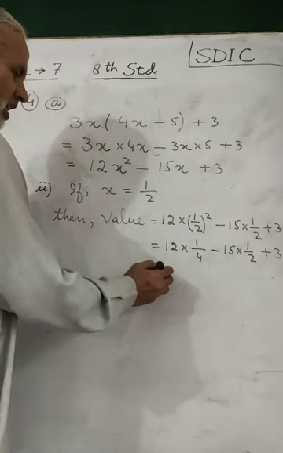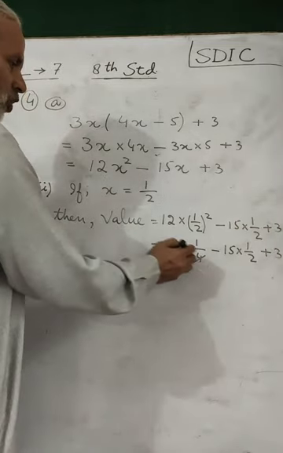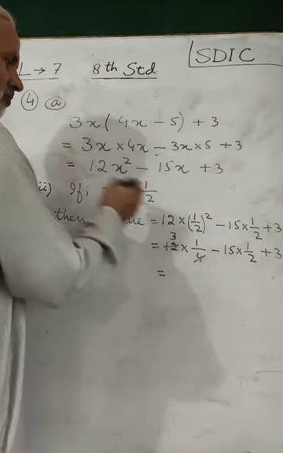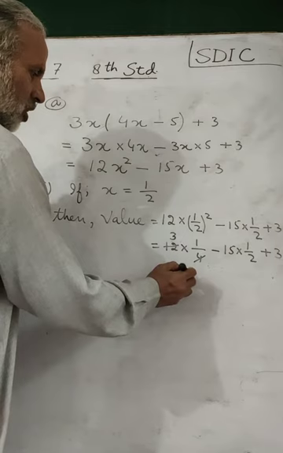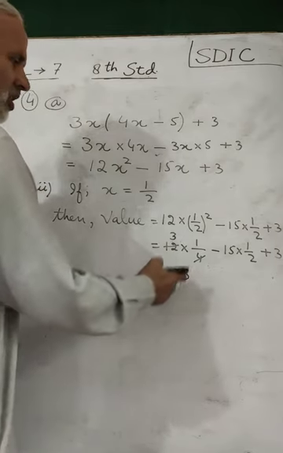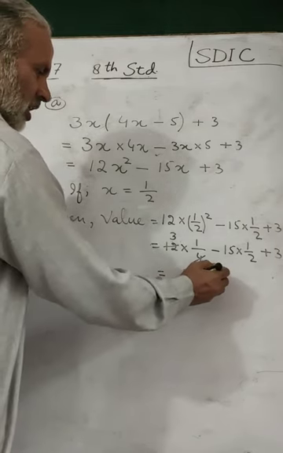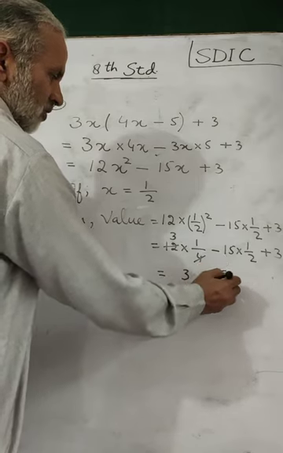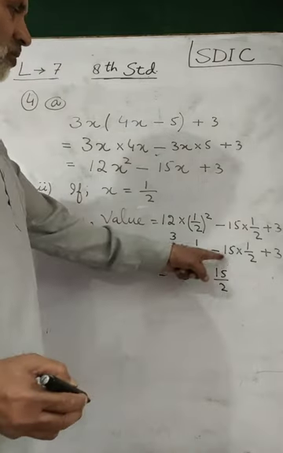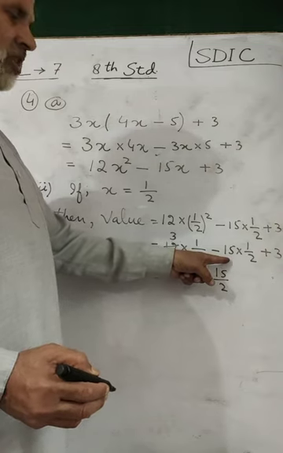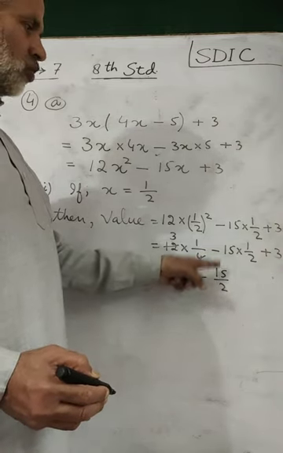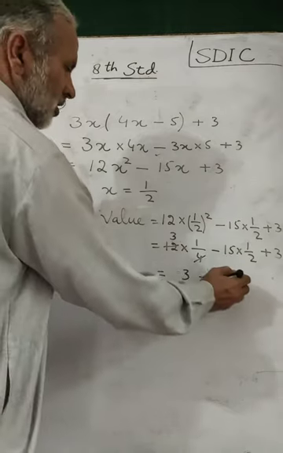Then multiplying again, 4 3s are 12. Cancellation by 4. Therefore the first term on multiplying will be 3. Minus the second term, when you multiply, you will get 15 by 2. Numerator multiplied by numerator, denominator by denominator. Denominator of 15 is 1, so 2 1s are 2, 15 1s are 15, plus 3.